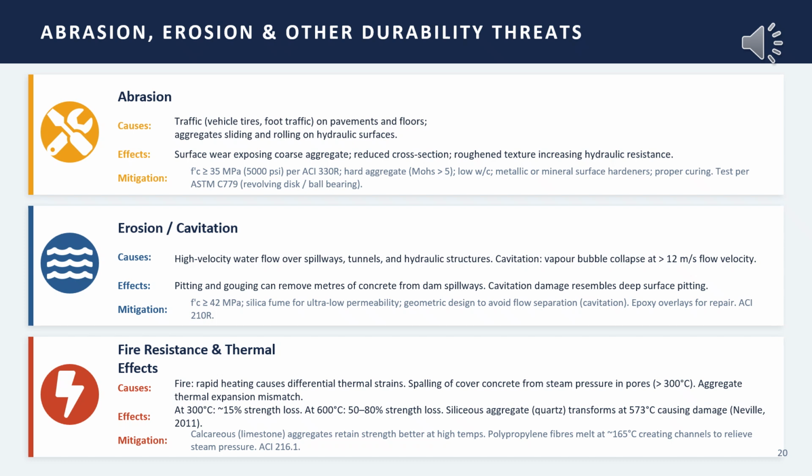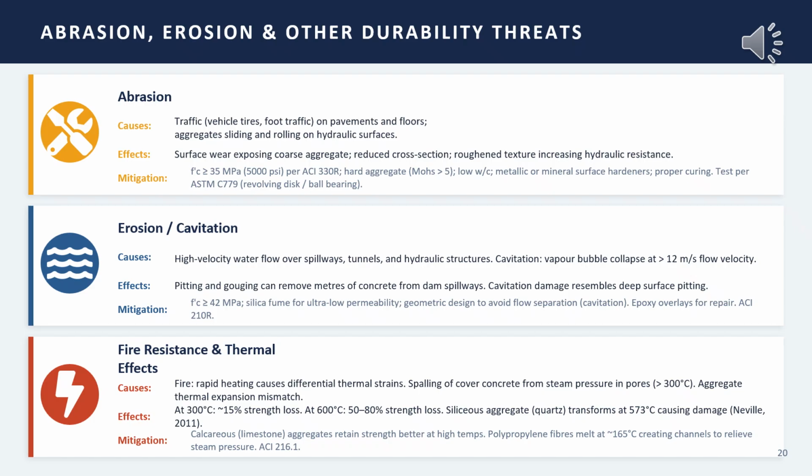Siliceous aggregates, particularly quartz, undergo a mineralogical transformation at 573 degrees Celsius that causes additional damage. The limestone aggregates retain the strength better at elevated temperatures.